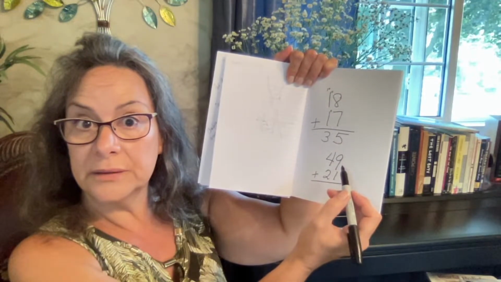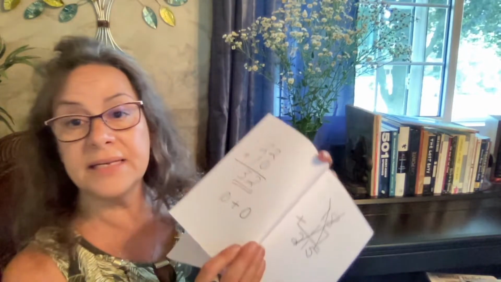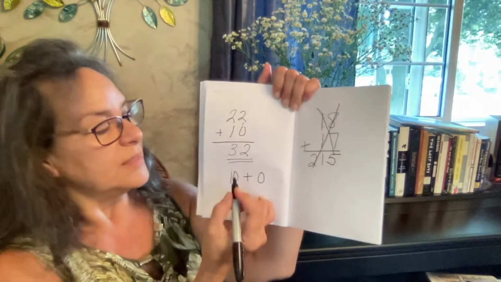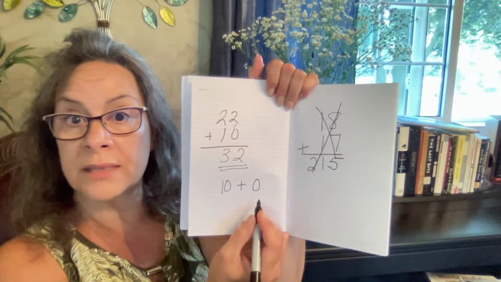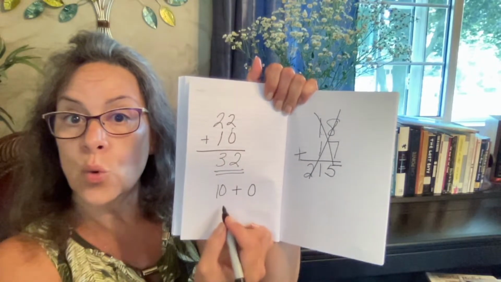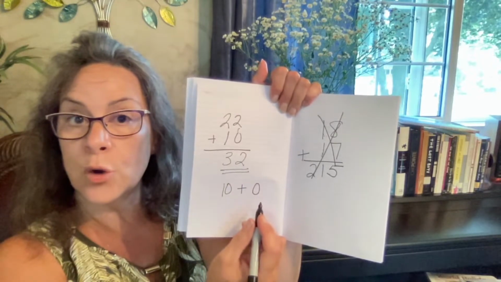What do we do there? 10 equals 1 ten plus 0 ones.